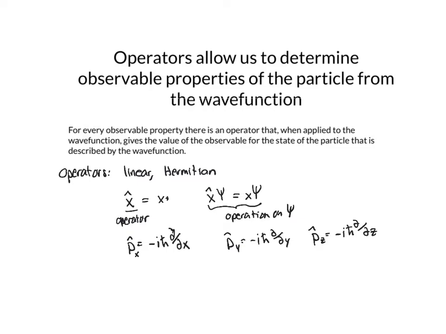So in this case, the operation has to do with taking the derivative of the function. And so if I operate the momentum operator on psi, what that looks like is minus i h bar, take the derivative of psi with respect to x. So that's the operation. And this is the operator.